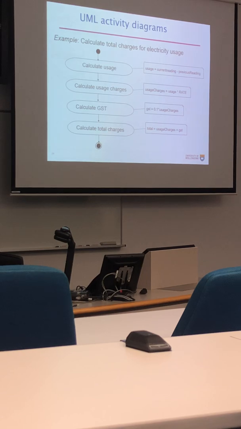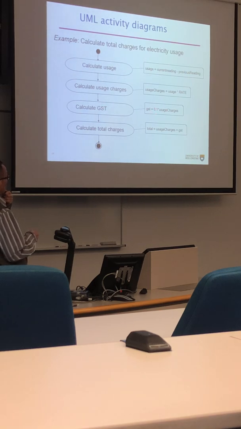So let's look at another UML activity diagram. You have a simple flow diagram. Calculate the usage, so you can say usage is equal to current reading minus the previous reading. Then you calculate usage charges, which is usage times the rate, and you want to compute the GST.